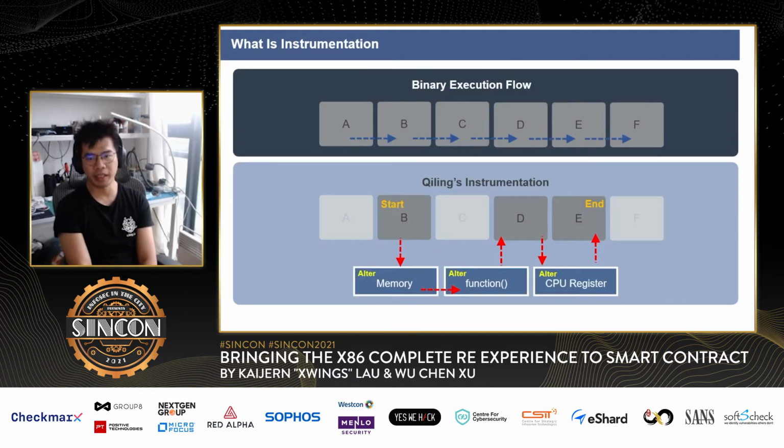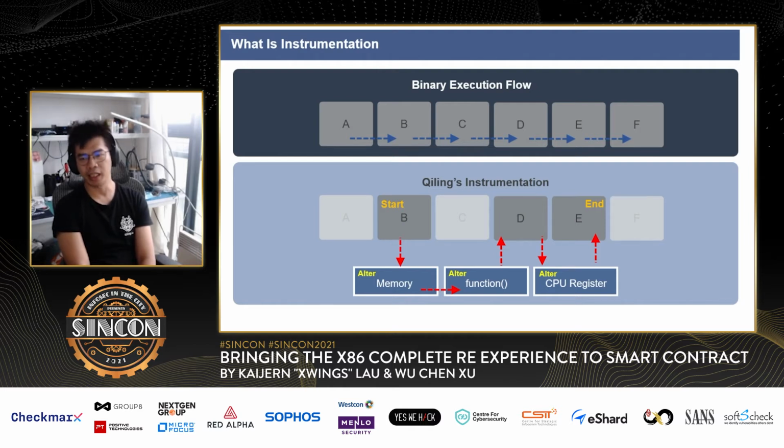But with instrumentation, what we're trying to achieve is, if we already know this is the flow for a binary, we try to do analysis with some alteration along the way. For example, we want to start from B, and then we want to alter the memory, or alter a library function call. Then we will skip C, then we'll go into D, then we will update part of the CPU register, and then we're going to end in E.